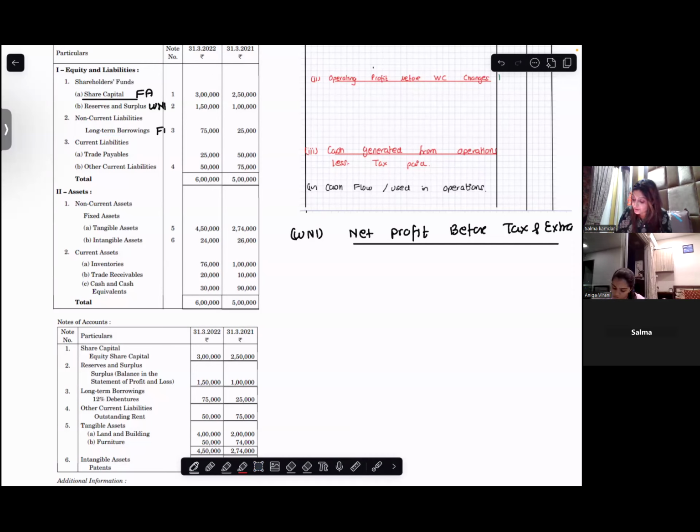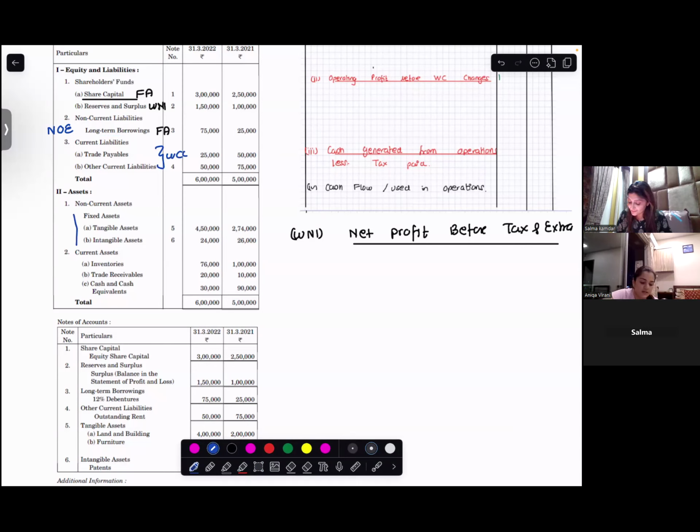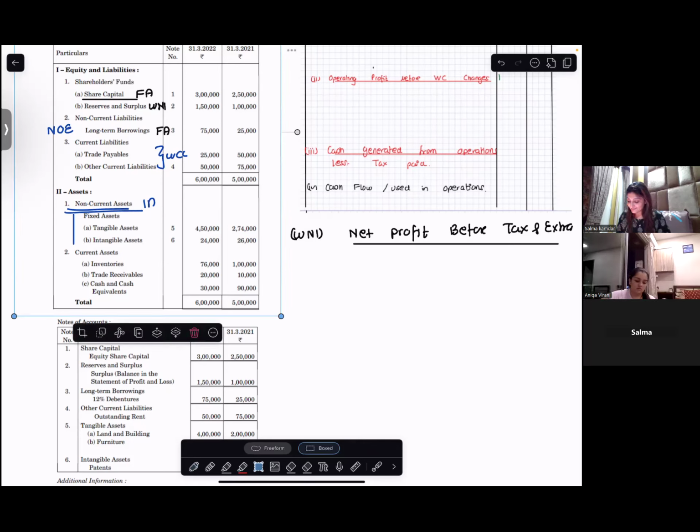Any interest on it is again financing, or it can be added to non-cash non-operating expenses. Trade payables and other current liabilities are working capital changes. Non current assets go to investing activity.